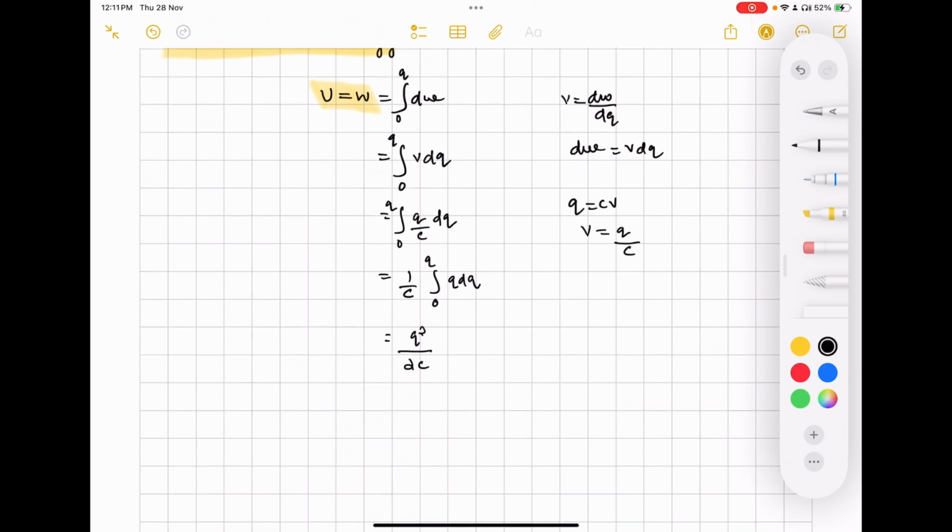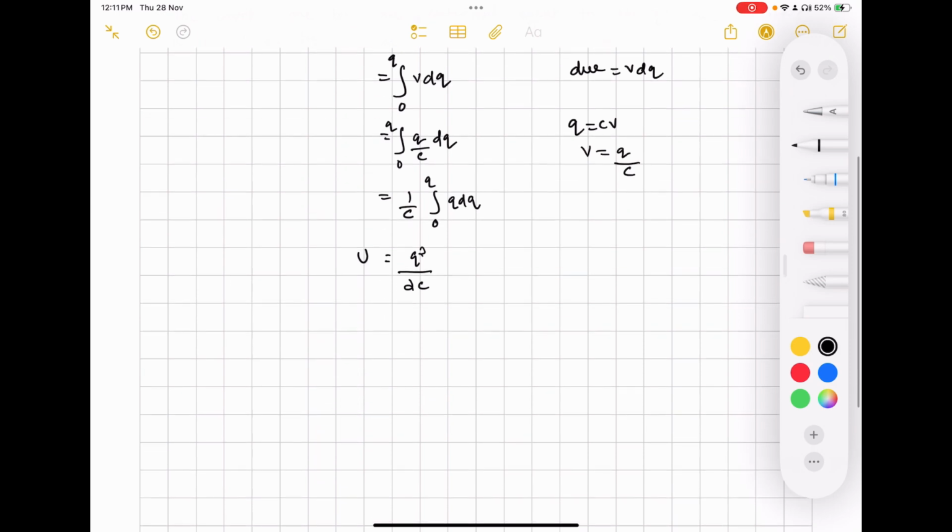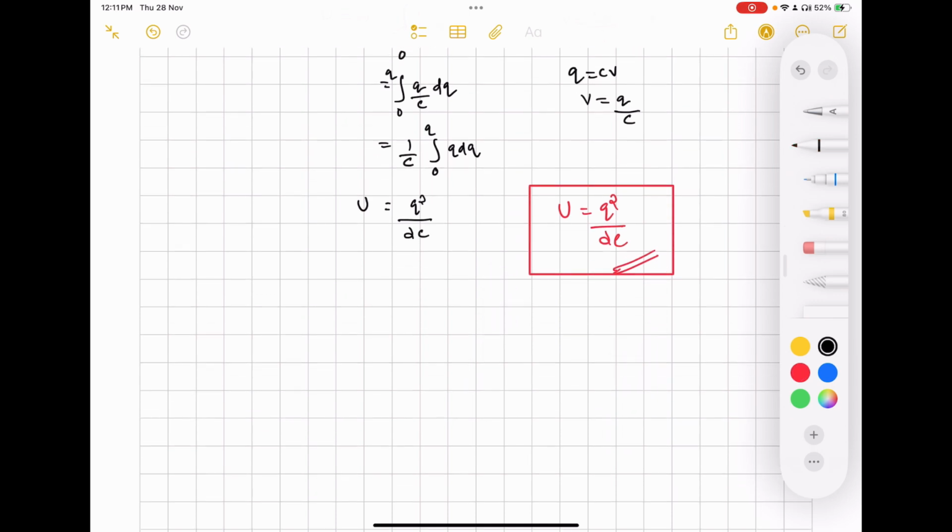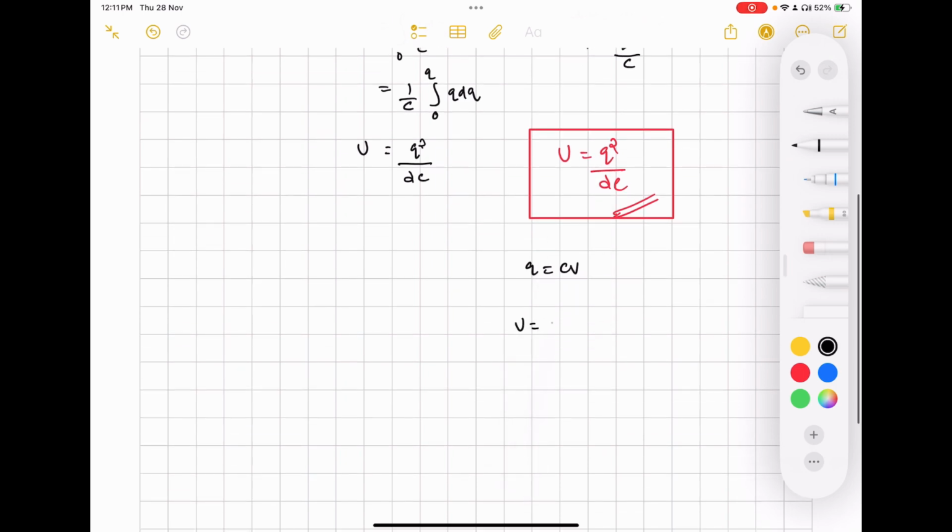So the energy stored in a capacitor is Q squared by 2C. This is one answer, and we can substitute Q is equal to CV. So U is equal to Q squared by 2C, and Q square is equal to C square V square, divided by 2C.